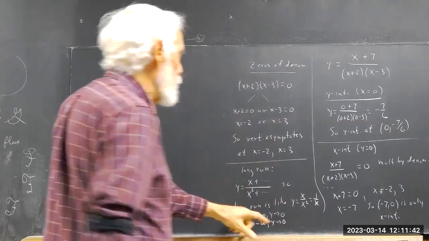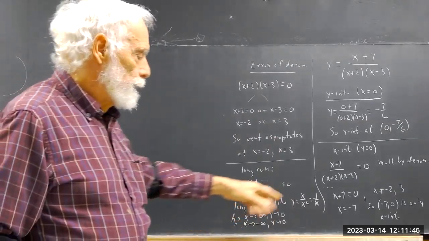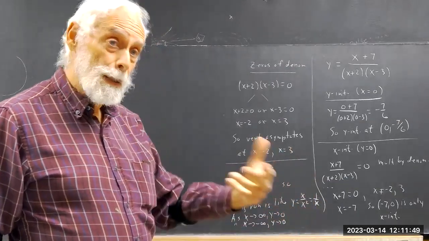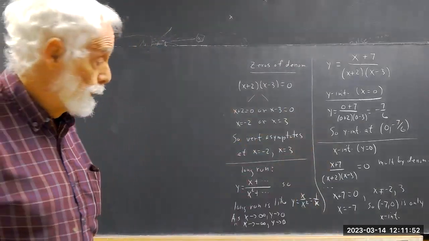So you find that y goes to 0 as x goes to infinity or negative infinity. And that's what 1 over x does. If you divide 1 by a big number, you get something close to 0.